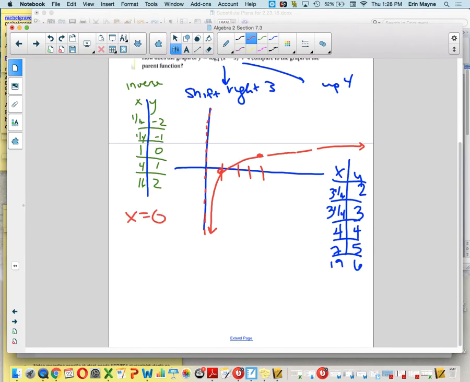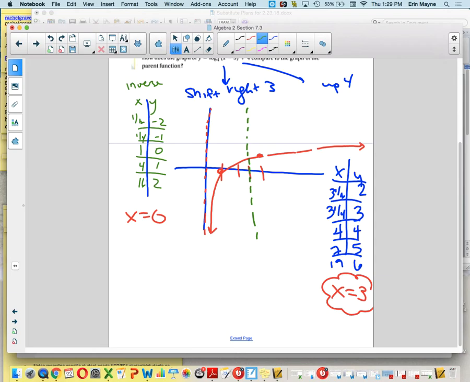Now it's at x equals 3. So what I like to do when I start to shift these is actually redraw my new asymptote. So I'm going to go, okay, here's 1, 2, 3 over. Here is my asymptote.